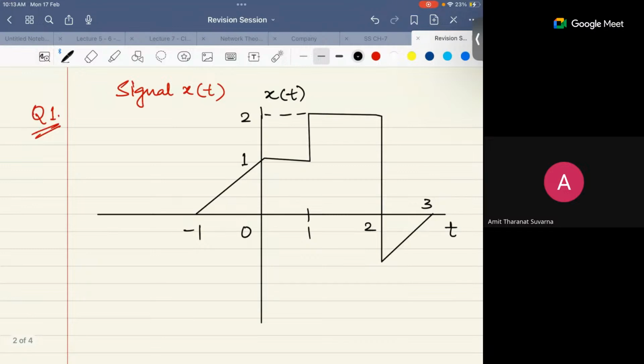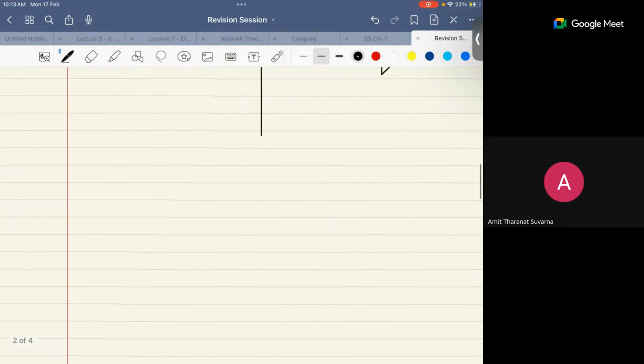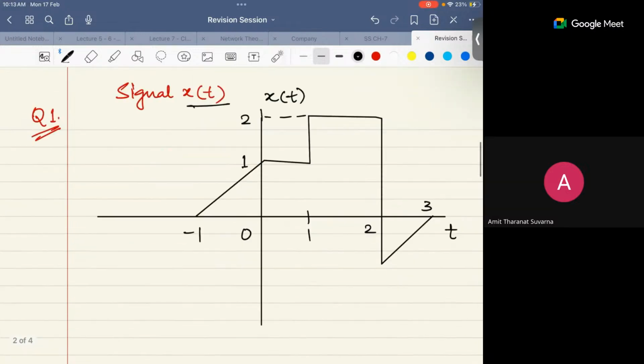In the paragraph of questions, you will be given the signal x(t), and then you have to plot. The first question will be to plot x of 1 minus t.